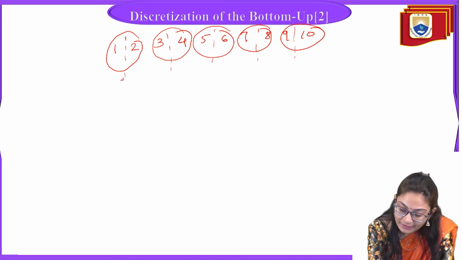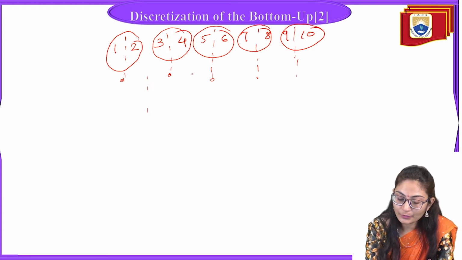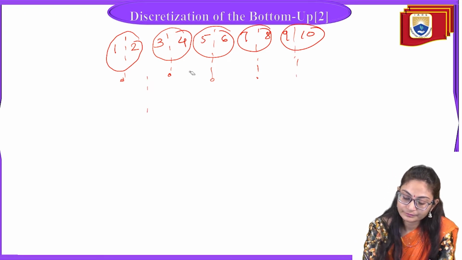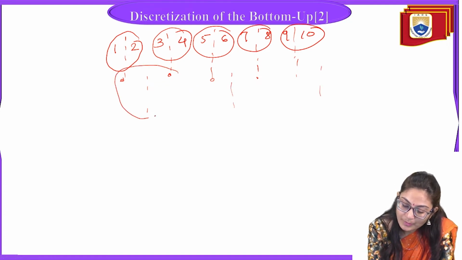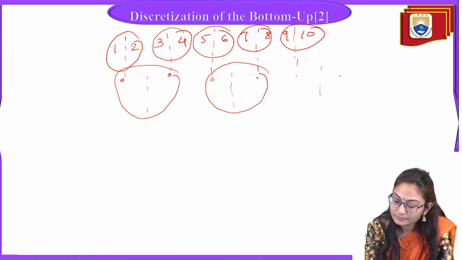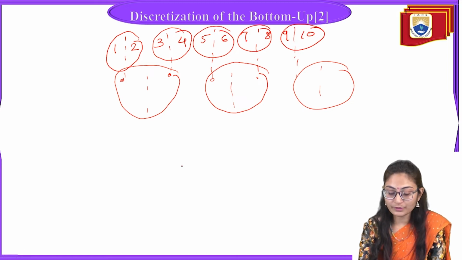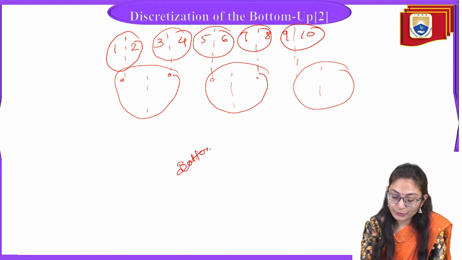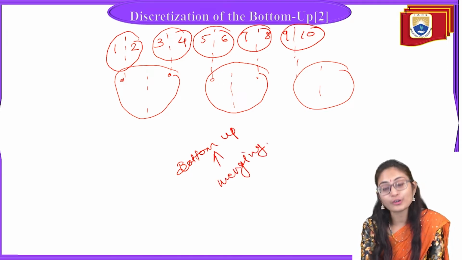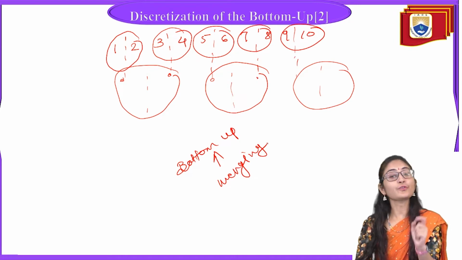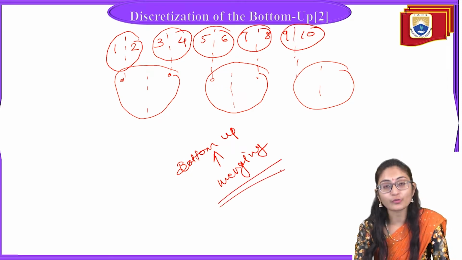Again you have to split, again merge. That means in discretization of the bottom up approach, you have to focus only on merging. We are not focusing on splitting of the data. We are focusing on merging of the data.